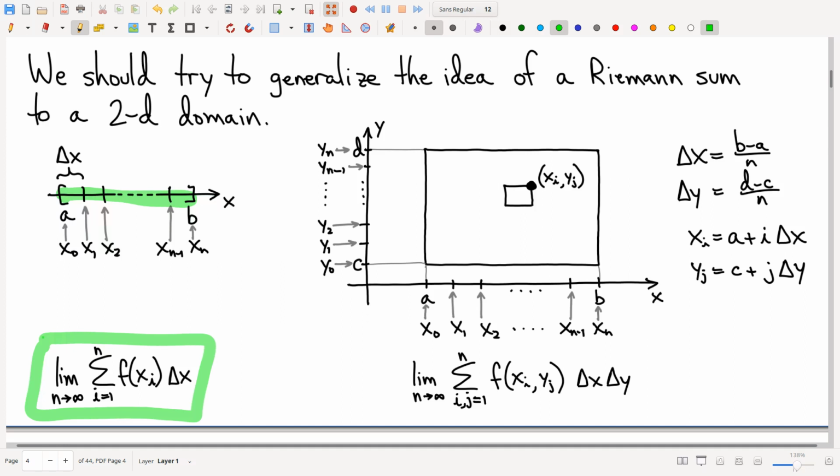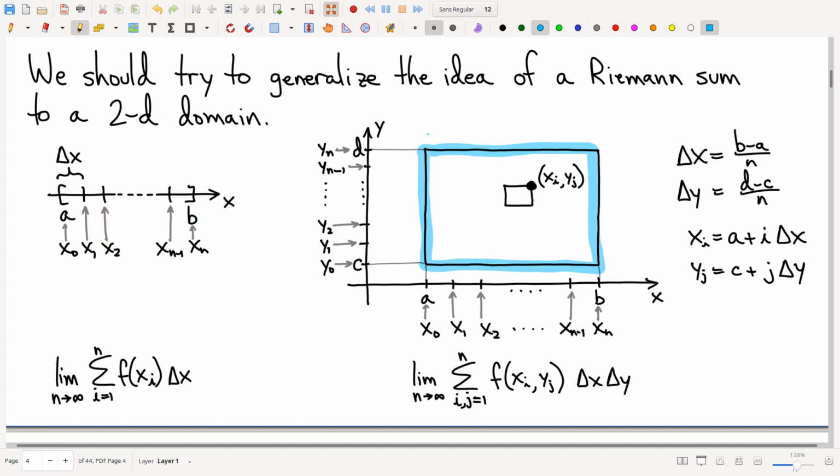And here's what it looks like. If I have a rectangle, and on that rectangle I want to do a chop it up, add it up strategy, I look at one little piece at a time, a little piece like that.